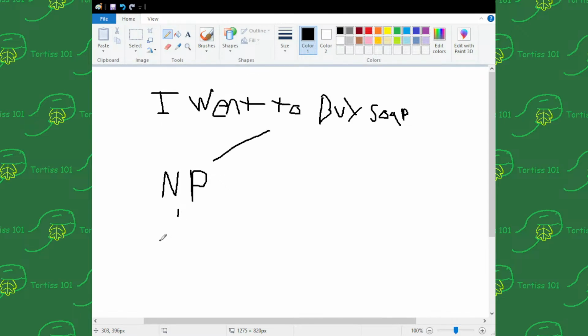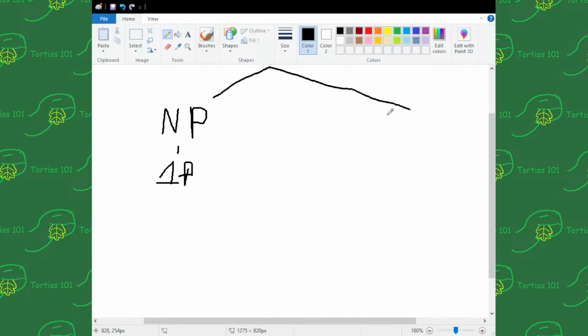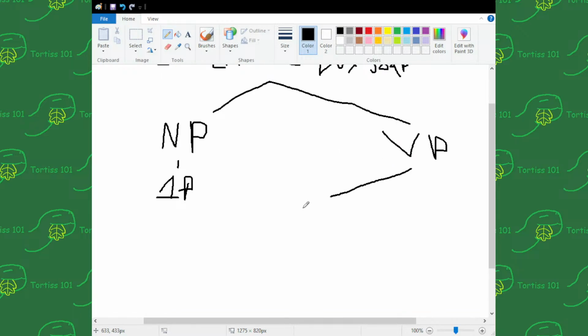This is the first person pronoun I. So next, over here, we've got a verb phrase. This is broken down first. We have the prepositional phrase, or I should just say the prepositional phrase.